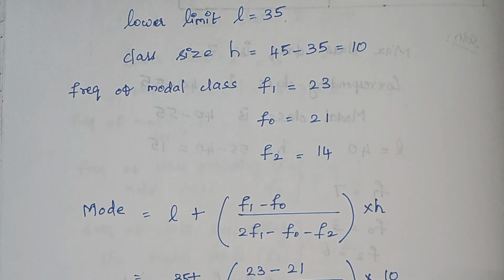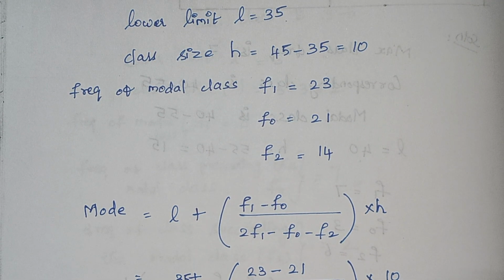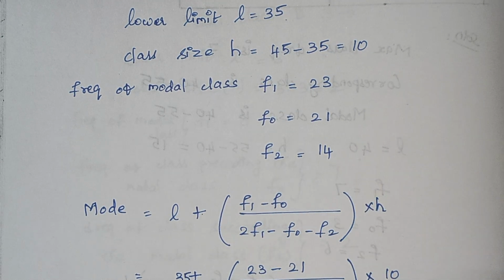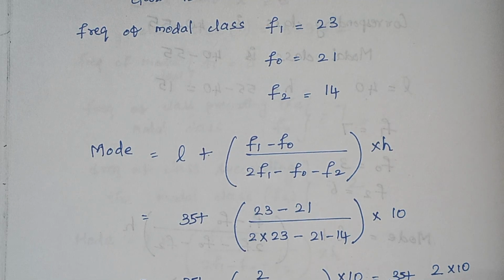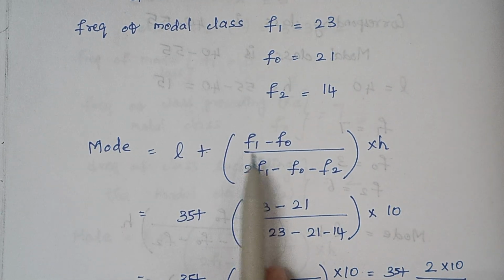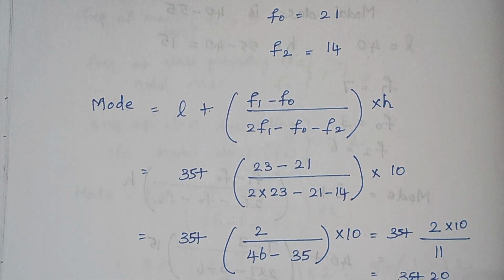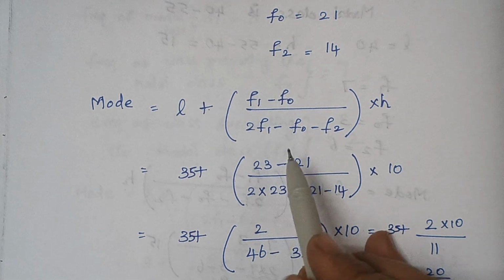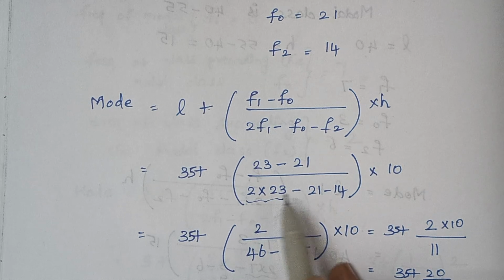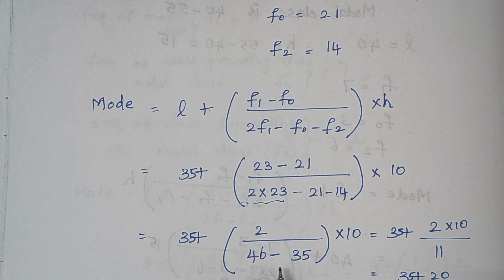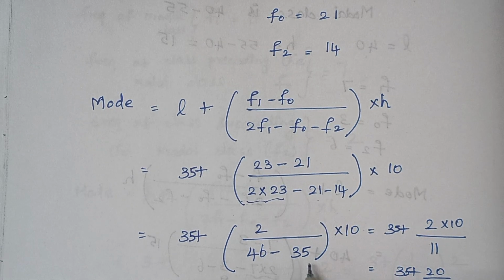Once you are done with all these things, then you can write the formula and substitute. So here this is our formula. What is the value of L? It is 35 and H is 10. So just substitute all these things: L, H and F1, F2 and F0. The next thing is, while solving, first you have to multiply and then subtract. So 2 times 23 is 46. Again 21 plus 14 is 35.